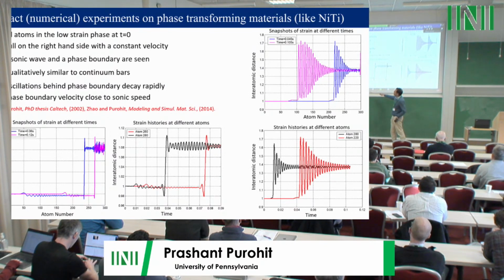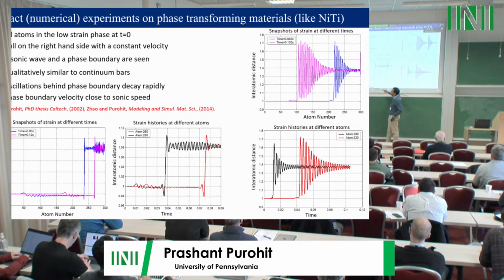And here what I'm plotting is the atom number or mass number and the interatomic distance, that is the strain, as a function of position at 2 different times. And what you see here is first there is a sonic wave that goes into the medium, and behind it at a lower speed is the phase transition front. Behind the phase transition front, there is a bunch of oscillations.